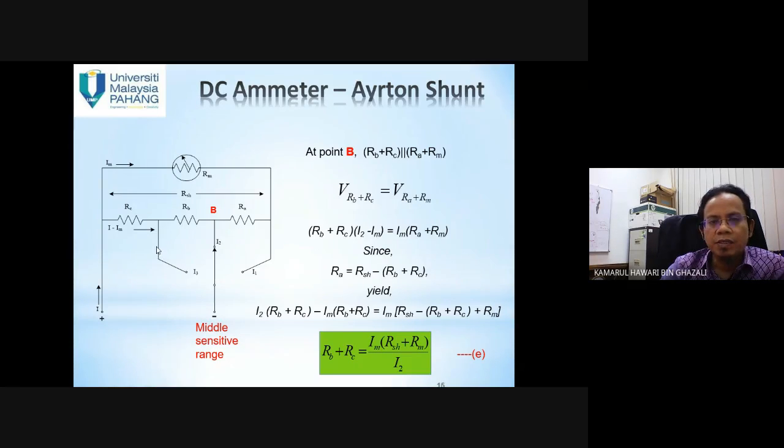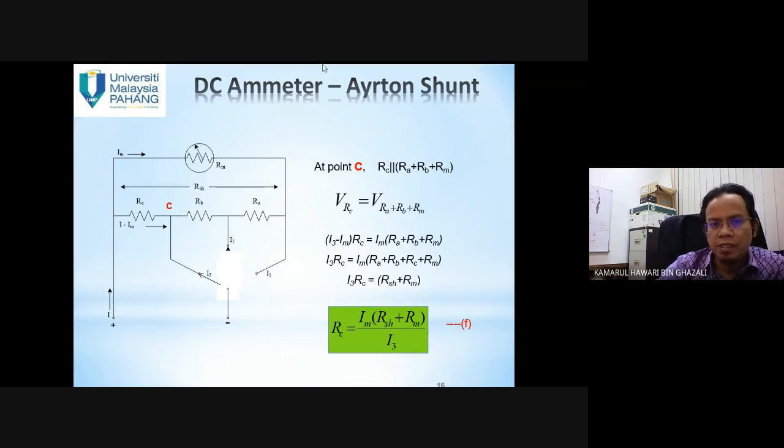So (RB plus RC) multiplied by (I2 minus Im) equals Im multiplied by (RA plus Rm). And then finally, you will get the final equation: RB plus RC equals Im multiplied by (Rsh plus Rm) divided by I2. So please remember this equation, and also please understand how to get this equation from this Ayrton shunt.